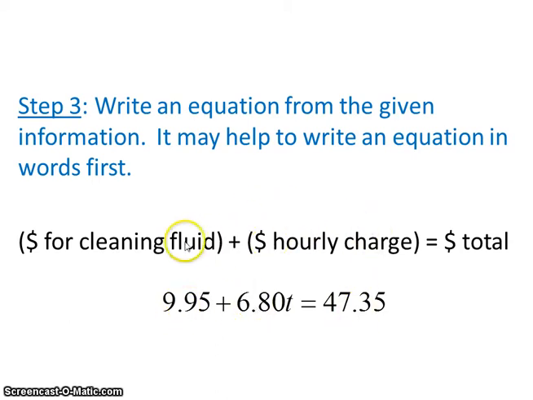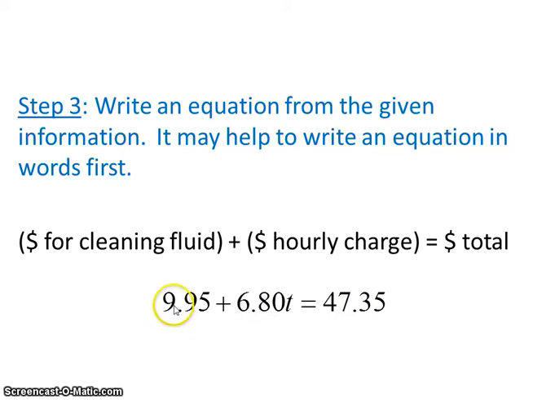So it might help to write the equation out in words first, so we know that the amount of money for the cleaning fluid plus the amount of money that's charged for the hourly rate is going to equal the total amount. So we can just replace each one of those with the number or the expression that is equal to those.